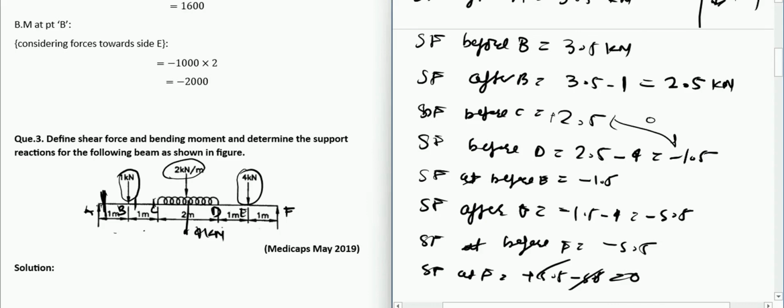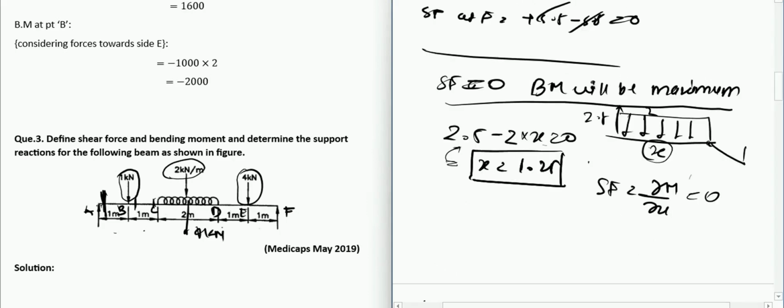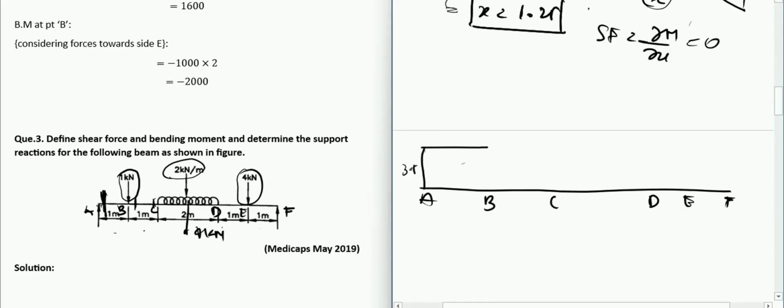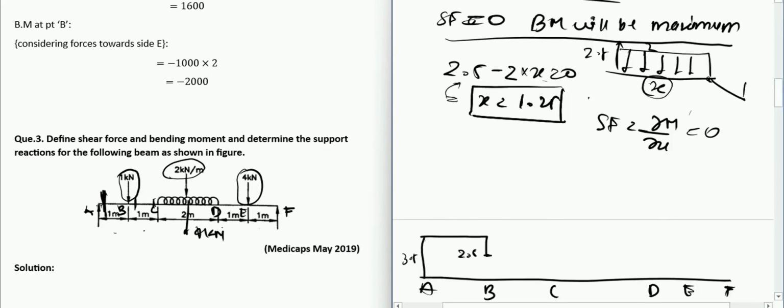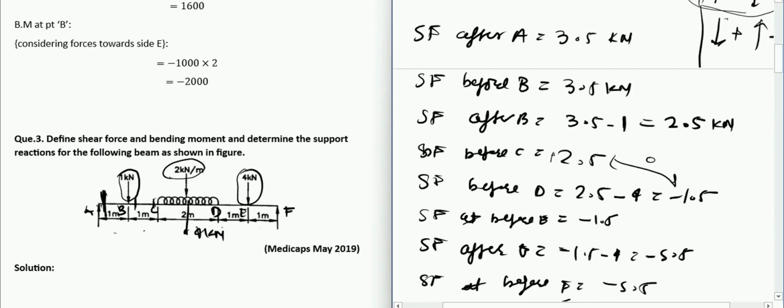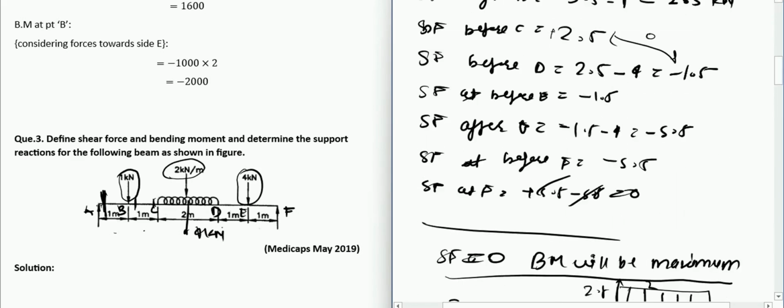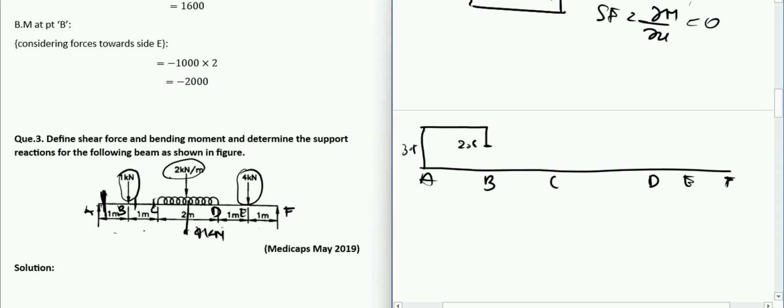So before B it is 3.5 and after B it is 2.5. Before C it is 2.5, and after D it is minus 1.5.